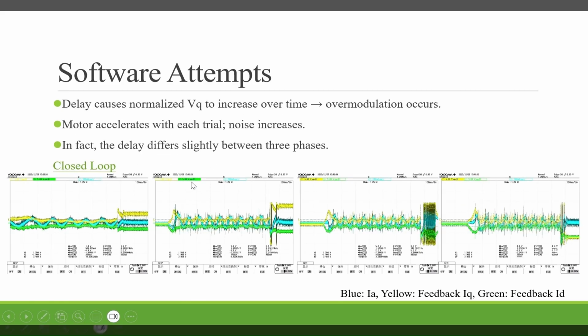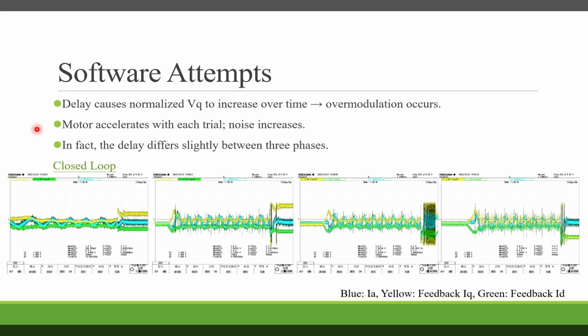I also found that there are some more issues. The motor actually moves faster and faster as I implement more and more trials. For example, you can see that the IA current becomes more and more erratic as time goes by, and in fact, the motor moves faster and faster. It will accelerate to a point where it will not significantly accelerate more.